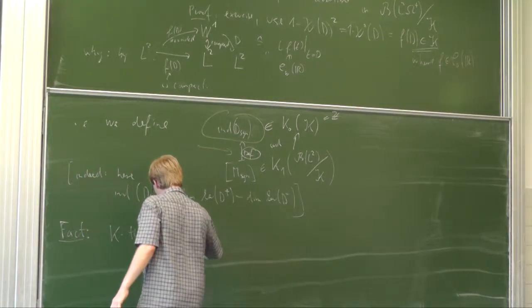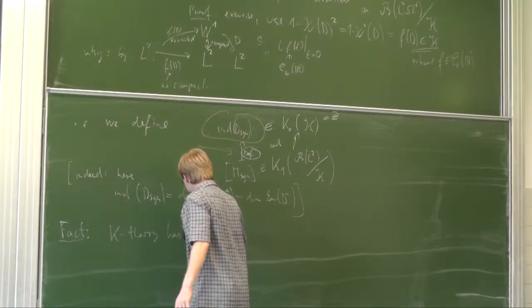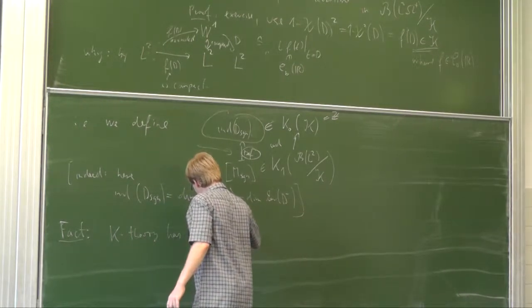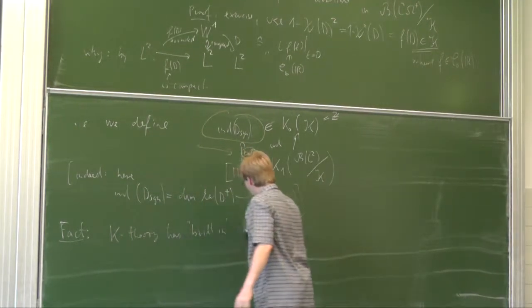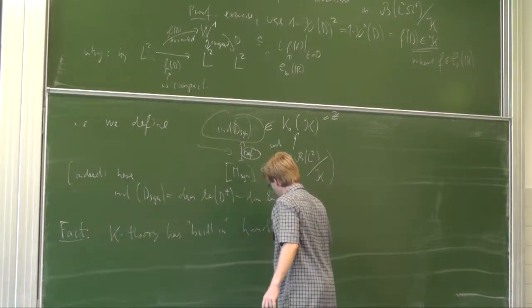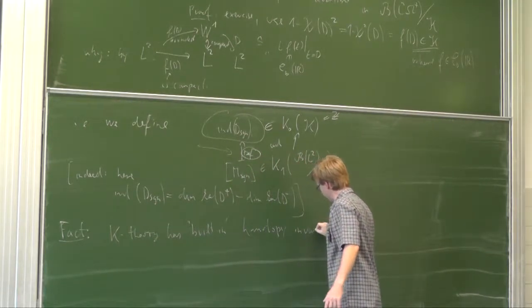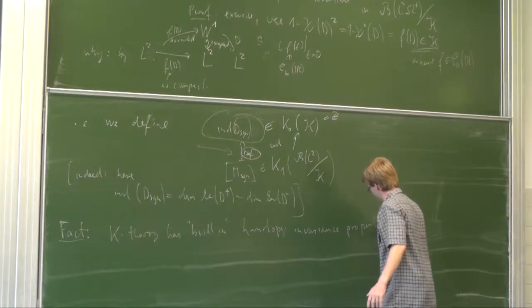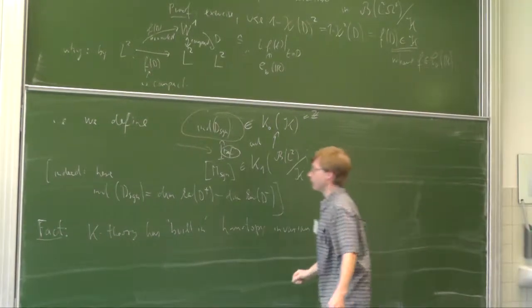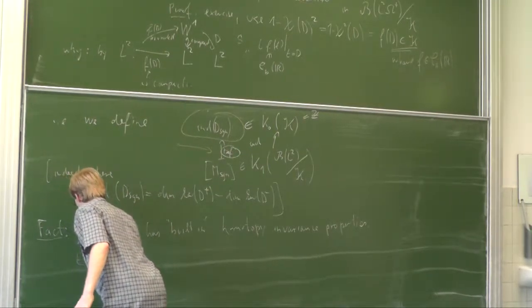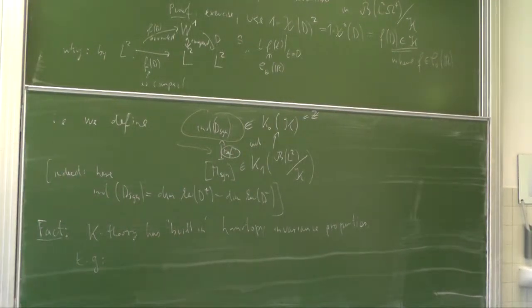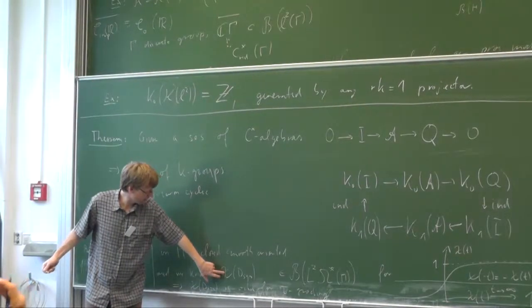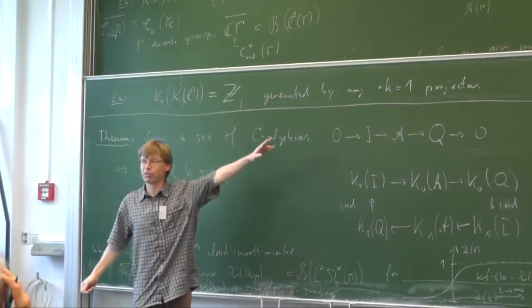Now, K-theory has more or less built-in homotopy invariance properties. For example, we made choices along the way, and one which is most obvious is this chi choice and this u choice.